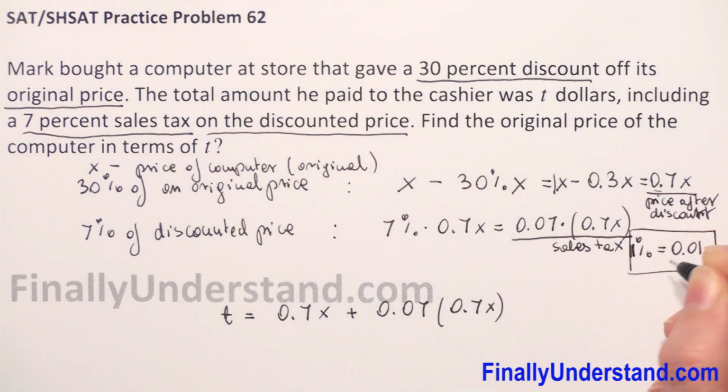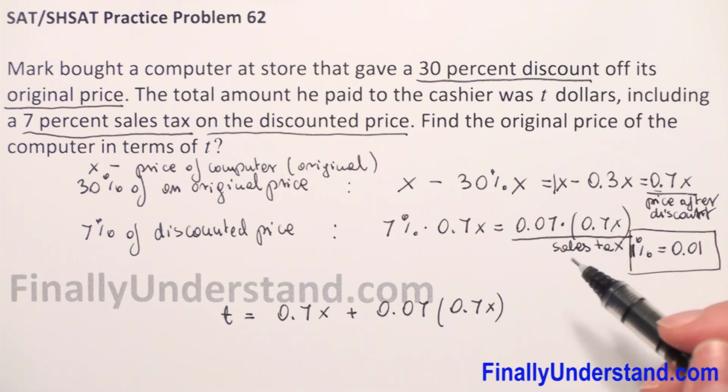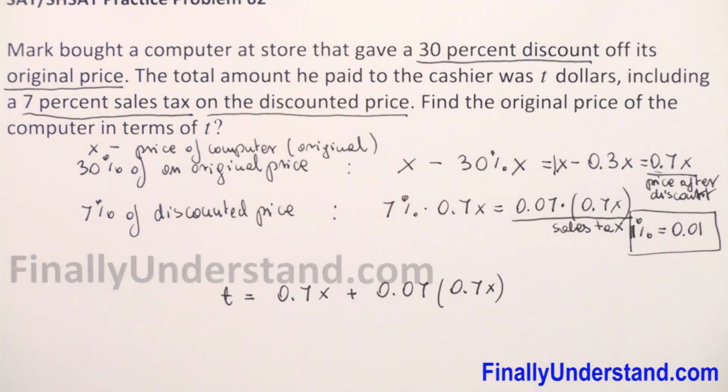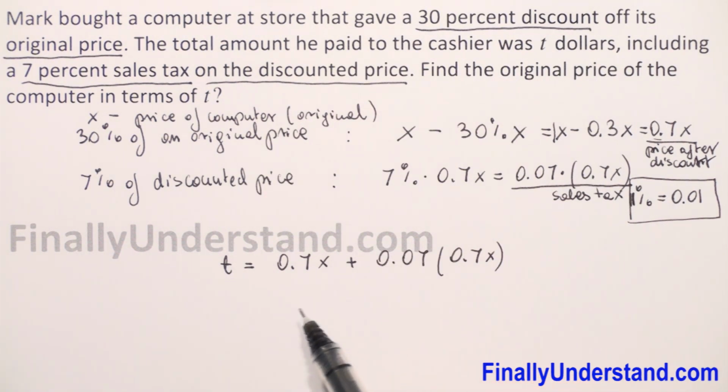This was the definition of percent. So we got the equation: the total amount he paid is the price after discount and sales tax. So we got the equation, and what do we have to find?